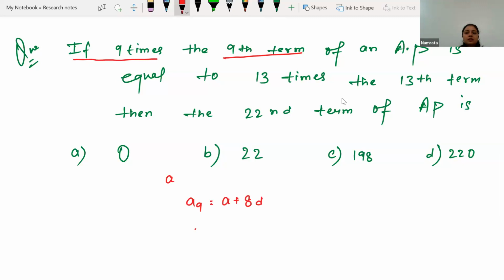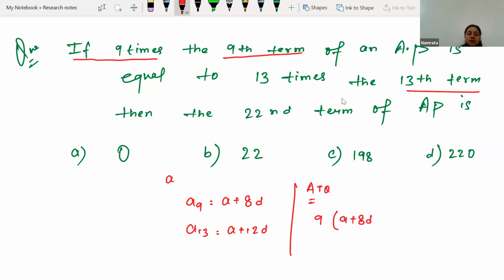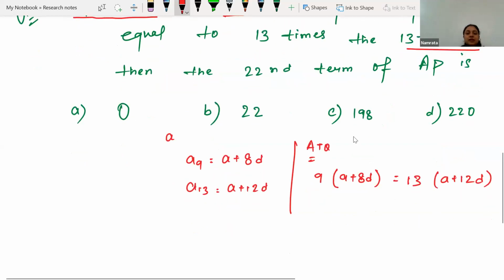And the 13th term also we have to write. What will be the 13th term? Let's write it quickly. A plus 12D. Now according to the question, 9 times the ninth term is equal to 13 times the 13th term. This is what we can write, right, Lena? Yes, ma'am.